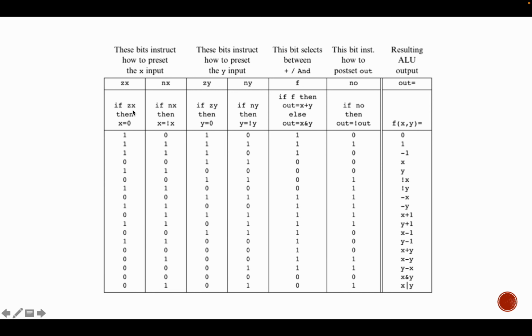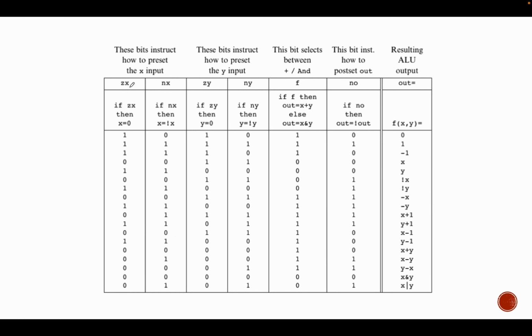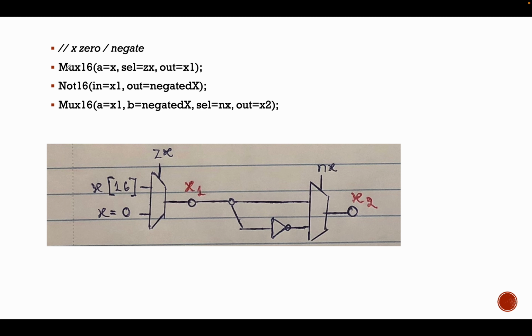First up, we'll look at ZX. I'm just going to annotate with the pen. First we're going to look at ZX and NX, how these two are coded, and how the chips and the logic gates work.